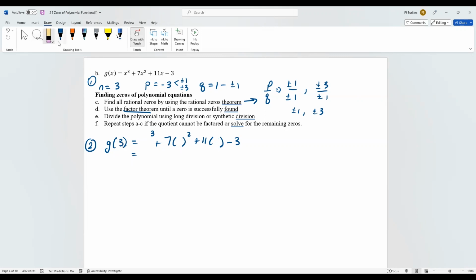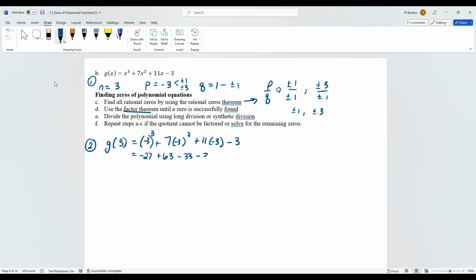Let's plug in -3 instead and see if that's a possibility. -3 cubed, so that's -3 times -3 times -3, that's going to be -27. -3 squared is 9. 9 times 7 is 63. 11 times -3, that's -33.